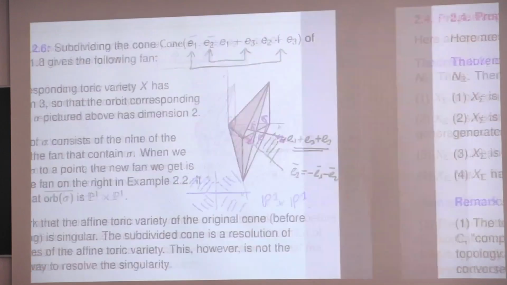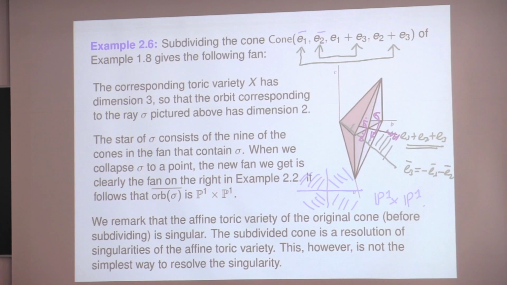Yes, please. You mentioned, in this example in particular, you're subdividing, instead of adding the central ray, you're subdividing by an edge, right? Yes. But you can do it the other way as well. It's going to be like a flip. Exactly. That would be an example of a flip. Very good, thank you for pointing this out.